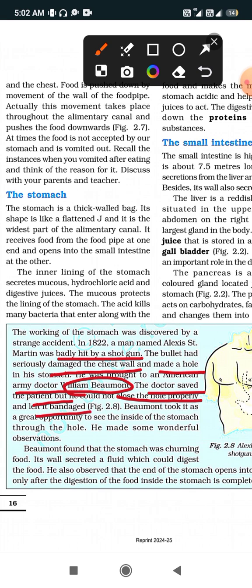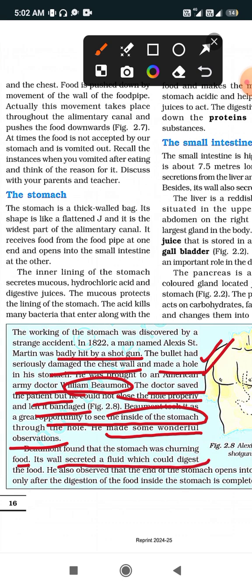Now Beaumont took it as a great opportunity to see inside the stomach. So after this accident, the discovery of the stomach took place. Clear? He made some wonderful observations. Beaumont found that the stomach was churning food and its walls secreted a fluid that could digest the food.